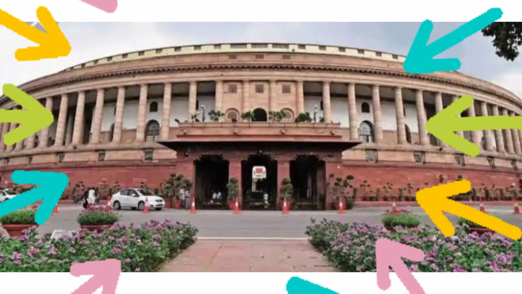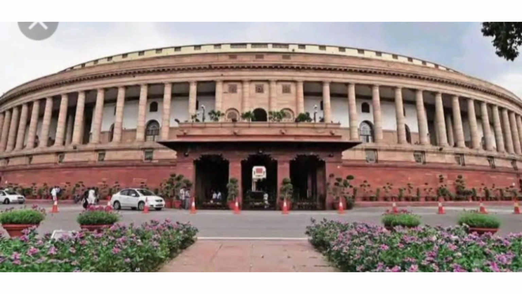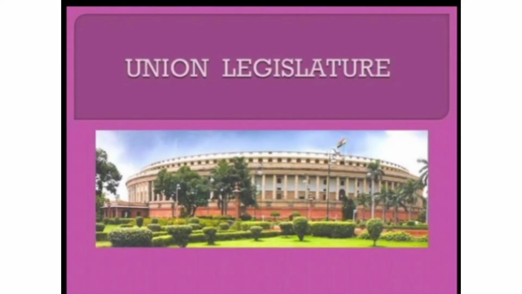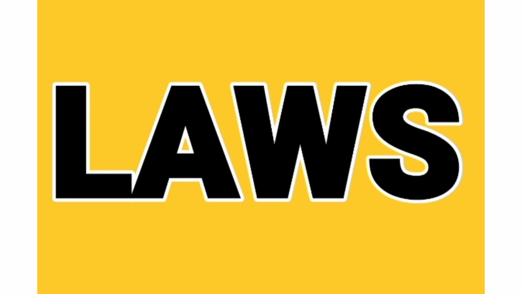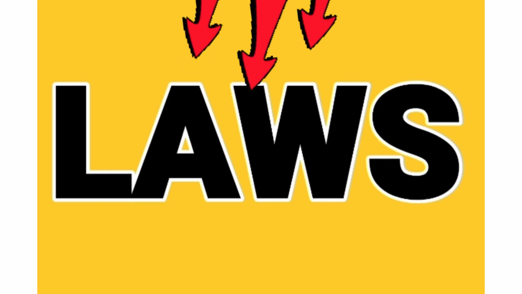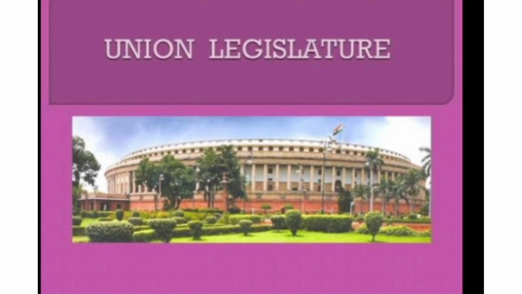You have all seen the parliament house in India. This parliament house is known as the union legislature. The legislature makes legislations. Legislations means laws. So you have to remember that the union legislature makes laws for the country.